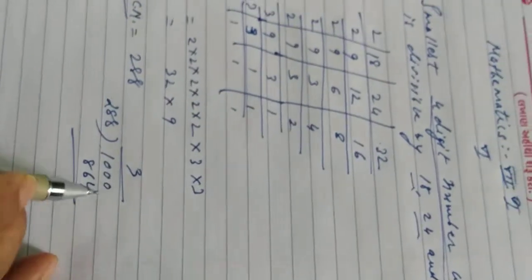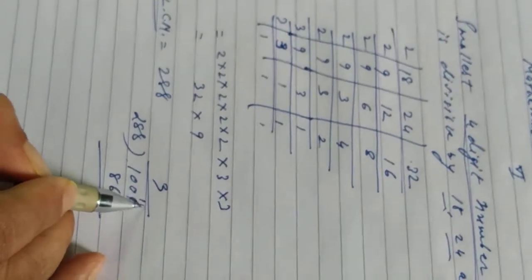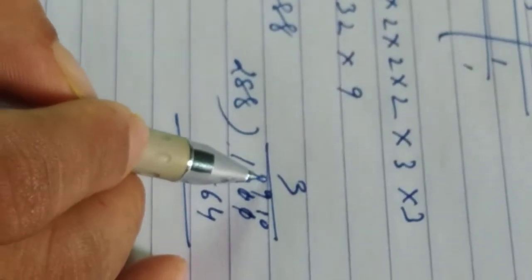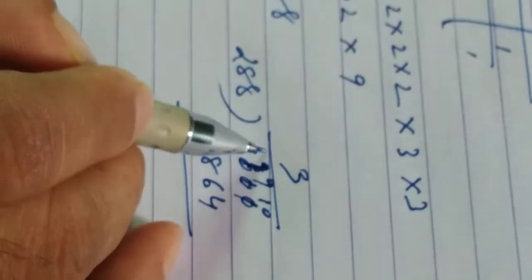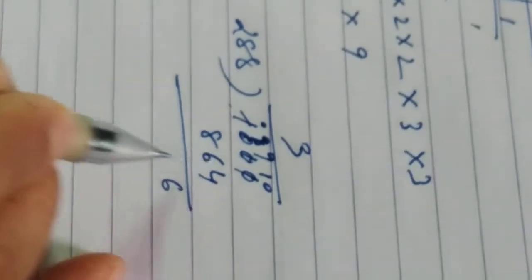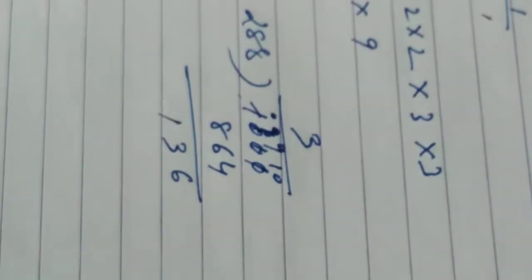Right? Now 0 minus 4, not possible. So we have to borrow. So 10, 9, 9, 10 minus 4, 6, 9 minus 6, 3, 9 minus 8, 1.